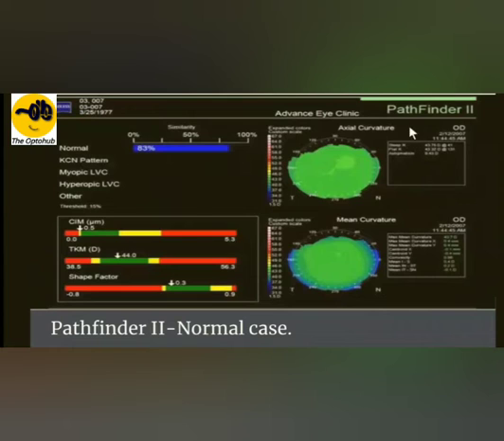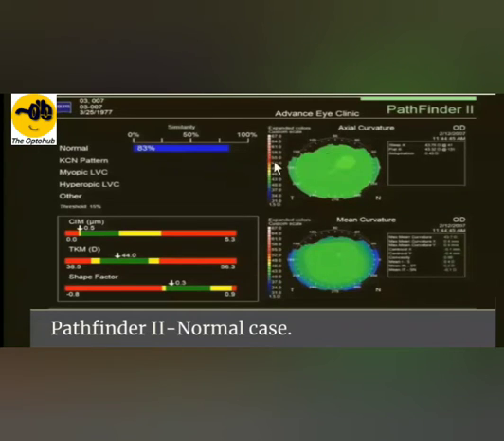In this case, we can see a normal case. As you can see over here, the CIM is in the yellow region, the TKM is in the green region, and the shape factor is also in the green region. In the Pathfinder, the axial curvature does not show any steepening. It is falling in the normal area in the mid region. It's not too steep, not too flat.